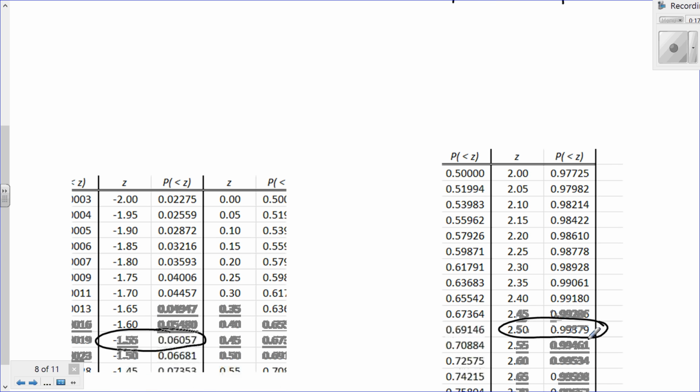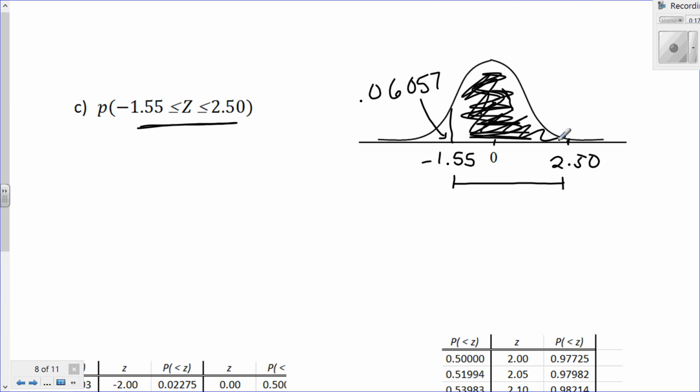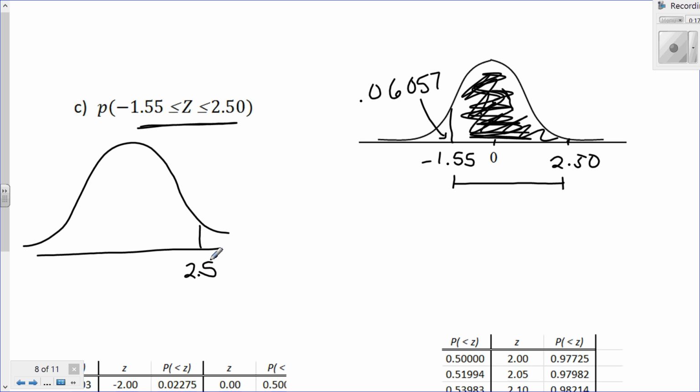I've got 0.99379. And that's all of this area. So I've drawn an extra graph here. When I look up the 2.5, the value I'm given, 0.99379, is the probability of being down here.